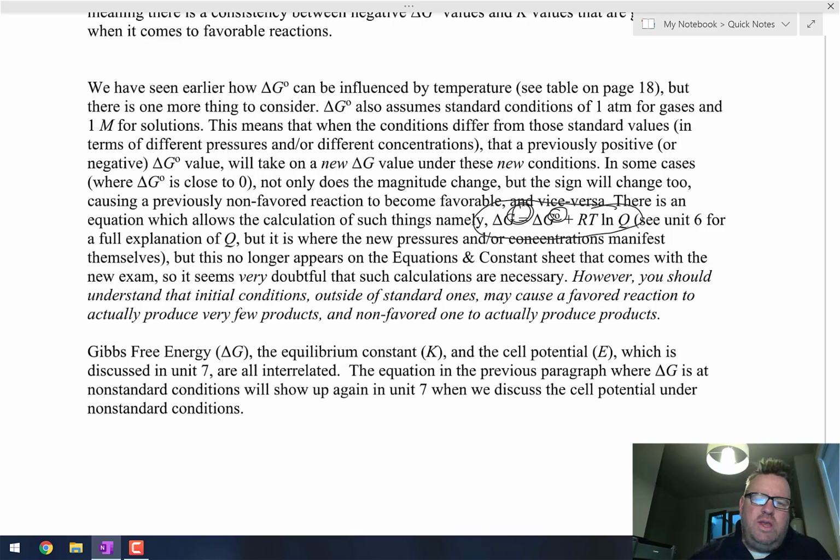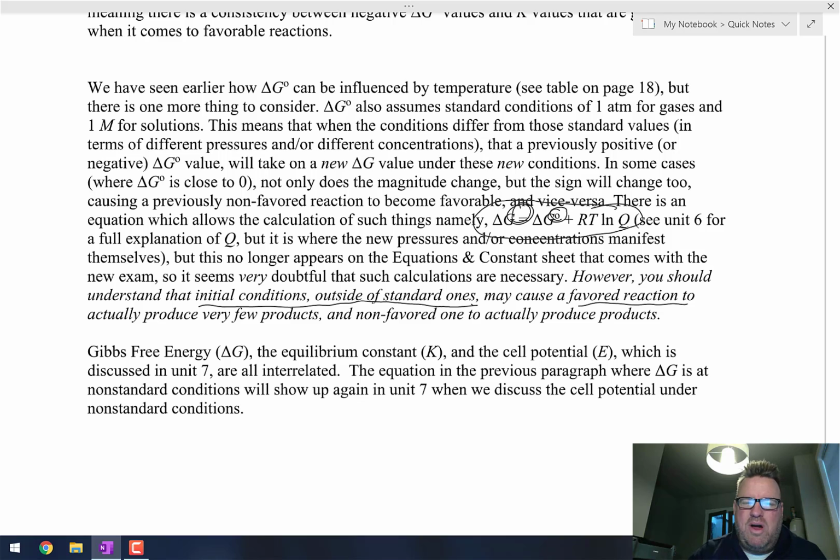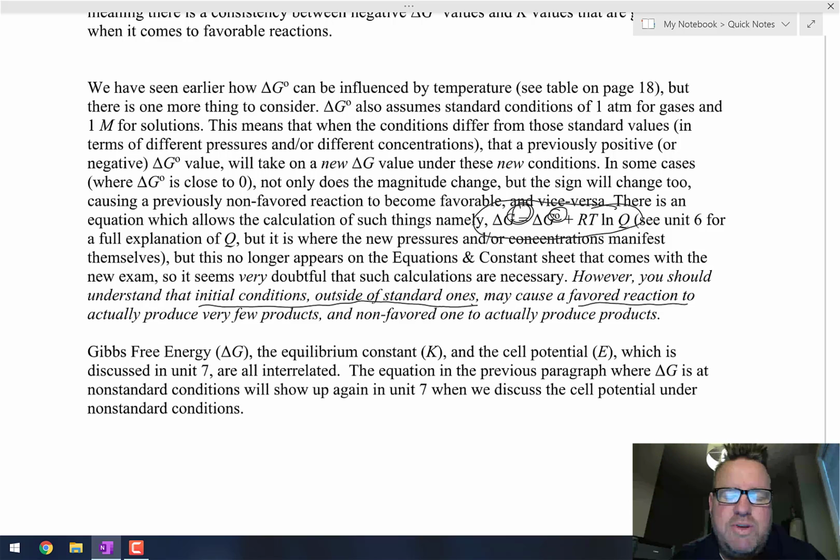All you really need to understand is that when you're outside of standard conditions, sometimes if a reaction is thermodynamically favorable, you might not get very many products. Like if the temperature is really low, you might not get very many products simply because there's so little energy in there because the temperature is so low.